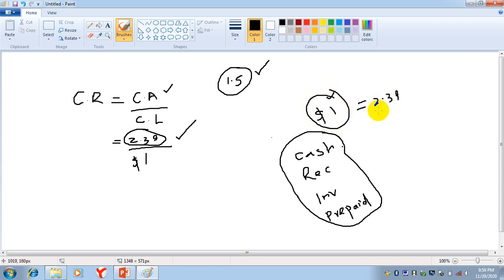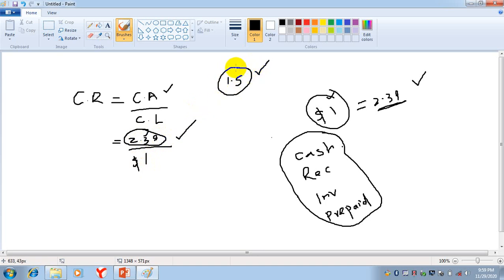Means we have 2.39 times current assets to repay $1 liability. So this means you can easily pay your current liabilities. I told you if it is 1.5, it is good.